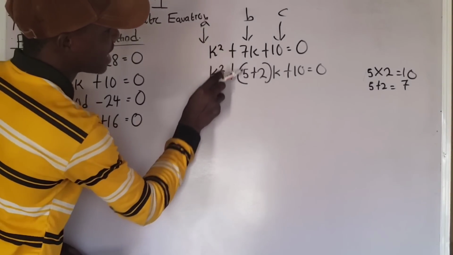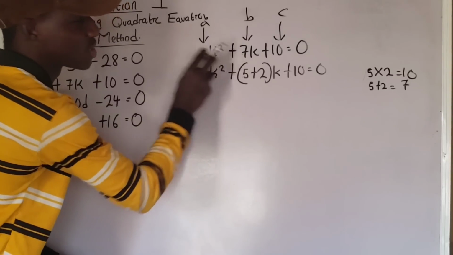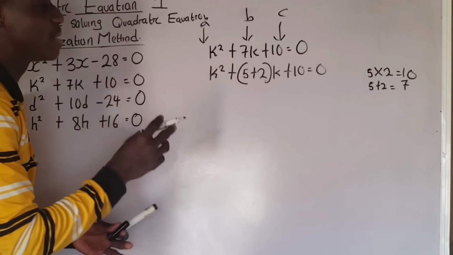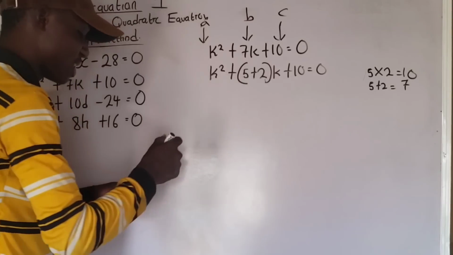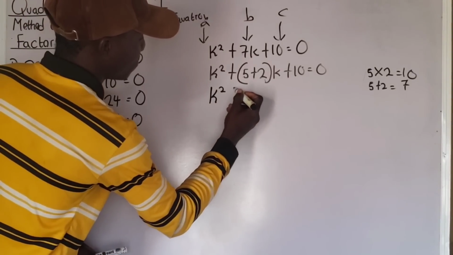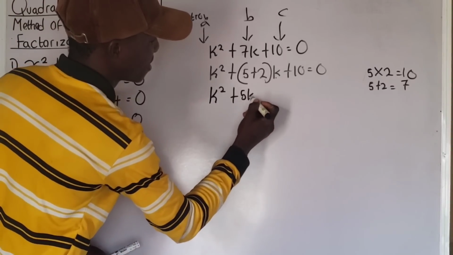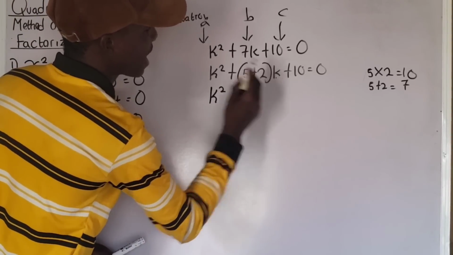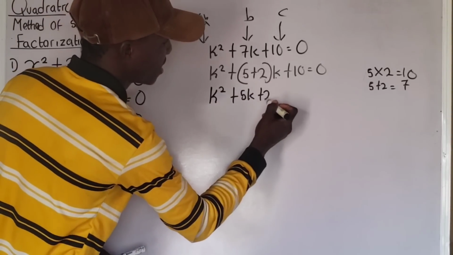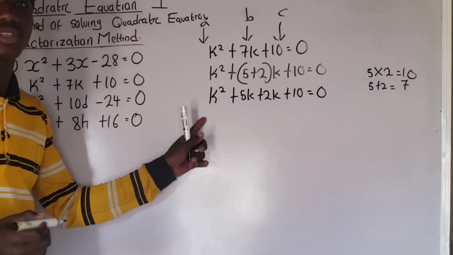I replaced 7 as 5 plus 2. Now, here I'm going to have k squared plus 5 multiplied by k is 5k, plus 2 multiplied by k, which gives plus 2k, plus 10 equals 0. Do you understand how I got there?